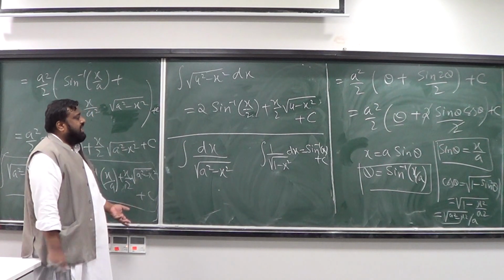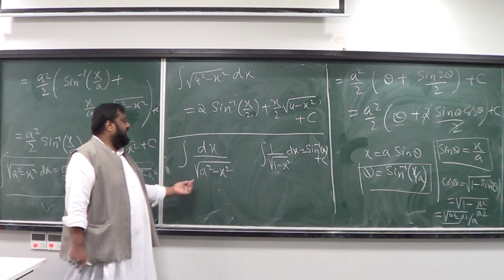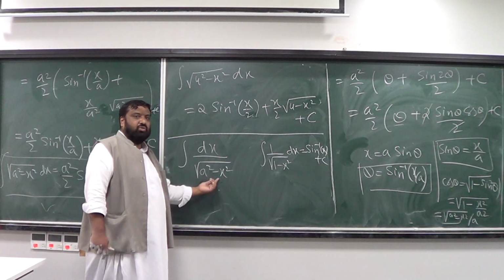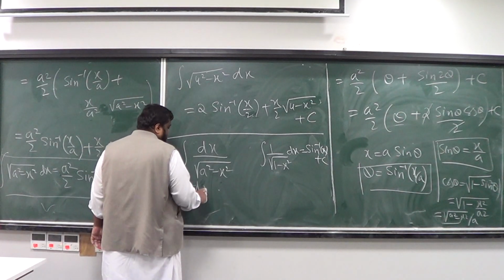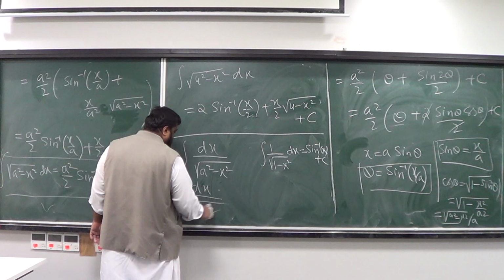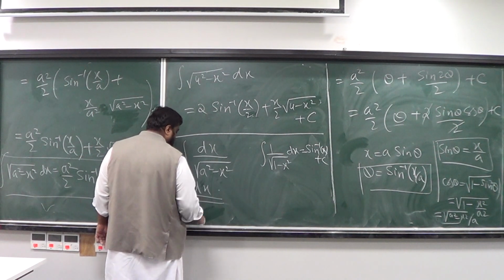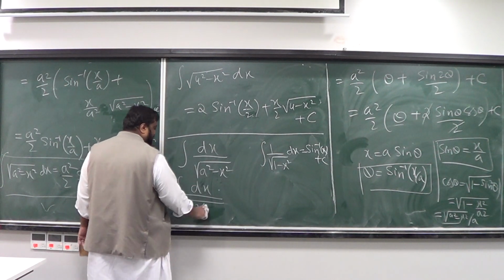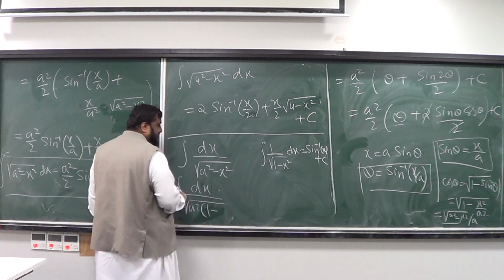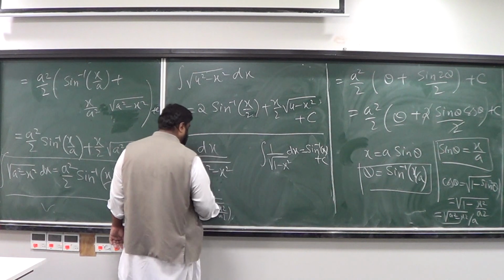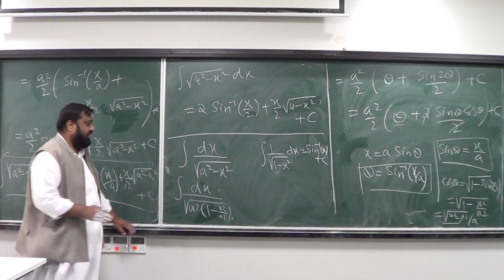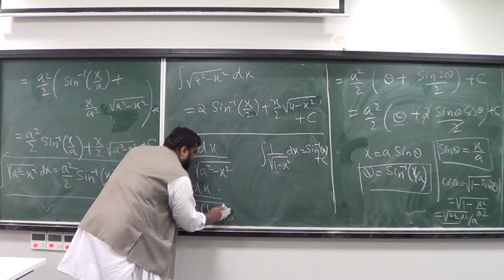So how can I convert this into such a form? The way to do it is to take a square common from both terms, or pull the a square factor out. When you factor a square out, this will become 1 minus x square over a square.